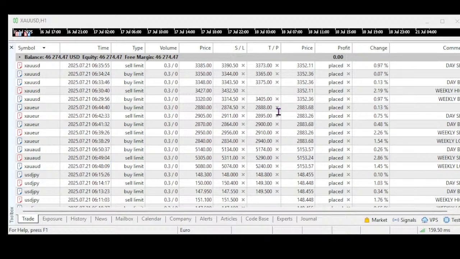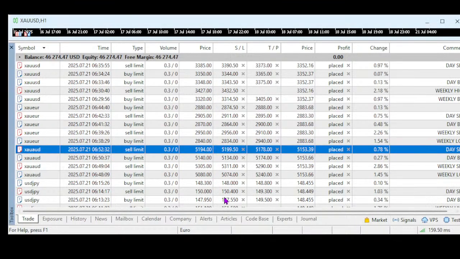Okay, what we'll do is, since we saw the 5195, so maybe we'll put a slightly higher level. Okay, so we are going for a day sell, 5194, selling 5199 half, stop, then 5178 as a TP.